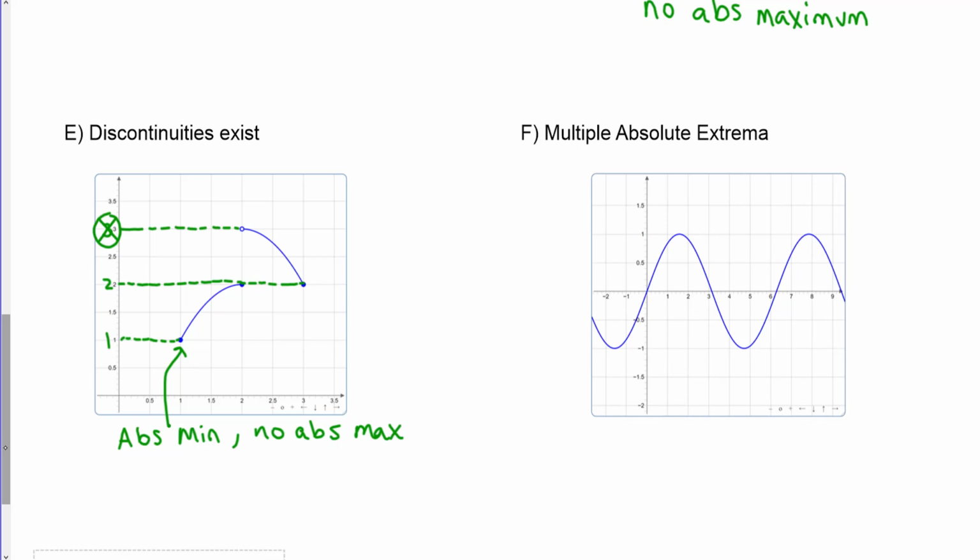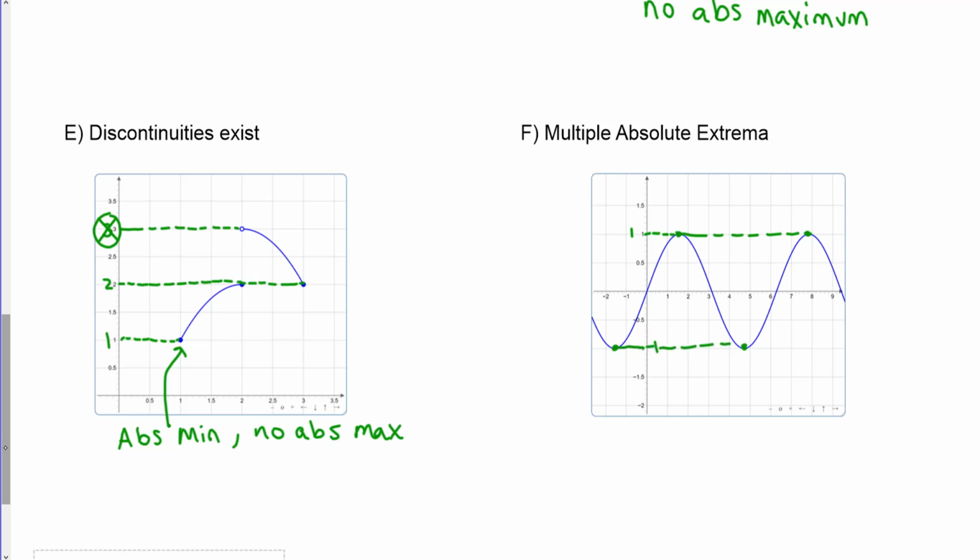All right, here's an example that has multiple absolute extrema. You should probably recognize this as a sine wave, but the thing is, here's a point of relative extrema, here's a point of relative extrema, here's another one, here's another one. All of these relative extrema occur at either 1 or -1.